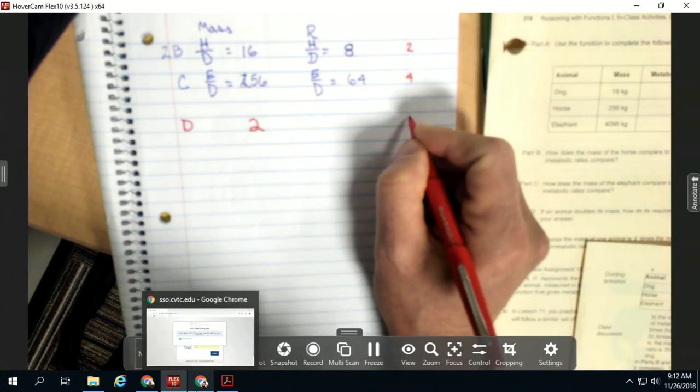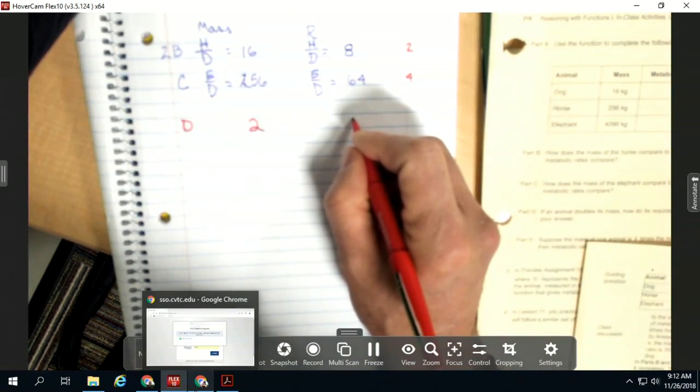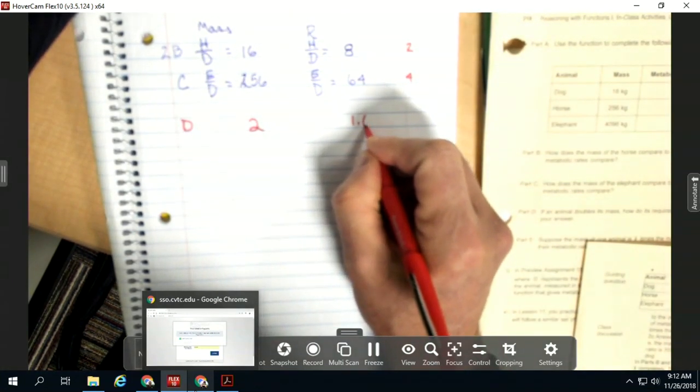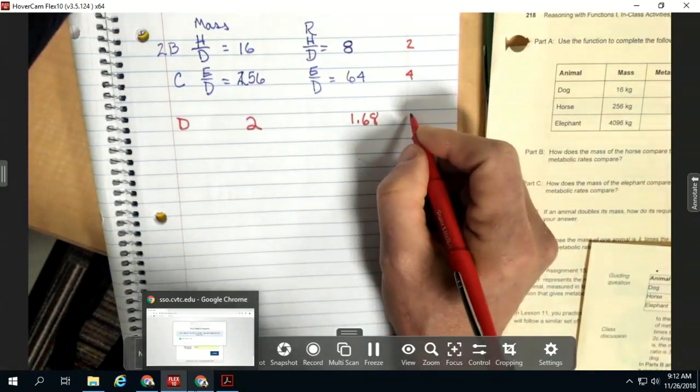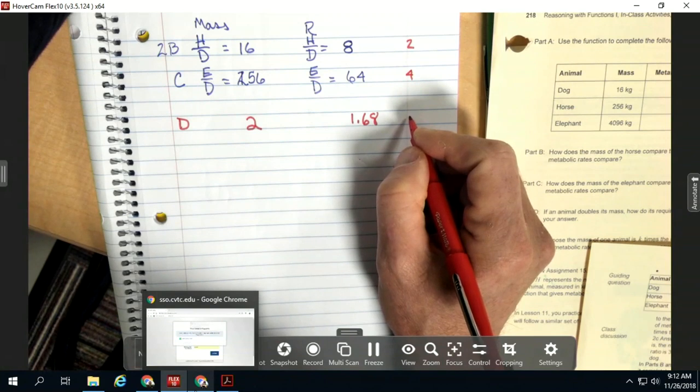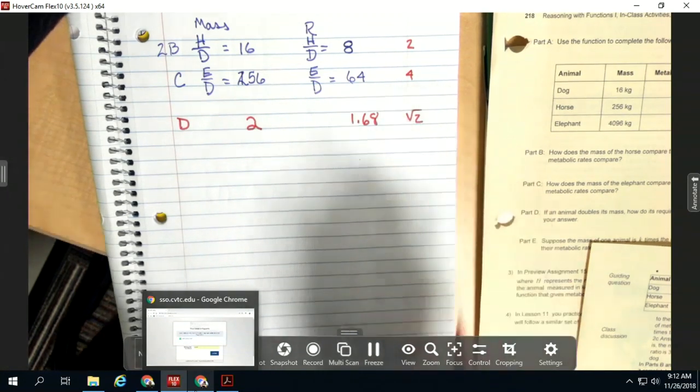So for this answer, we would have to know that this number is 1.68. .68 is the square root of 2 to the third.